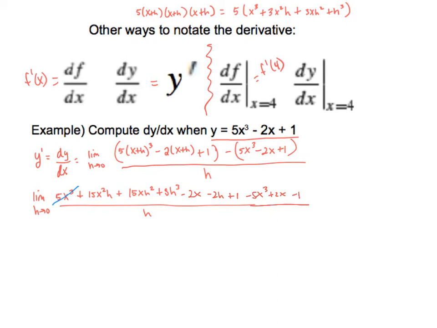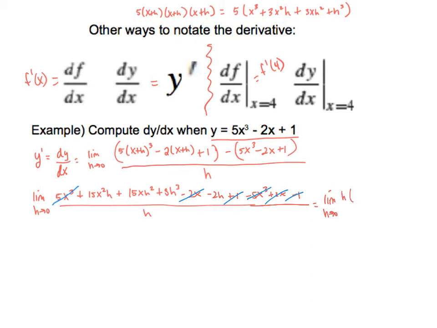Now we're looking to cancel things out. So the 5x cubeds are gone. The negative 2x with the positive 2x. The 1 with the negative 1. Factor the h out of the remaining terms up in the numerator.